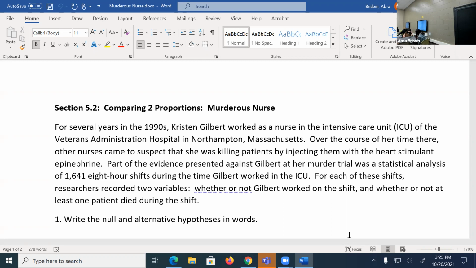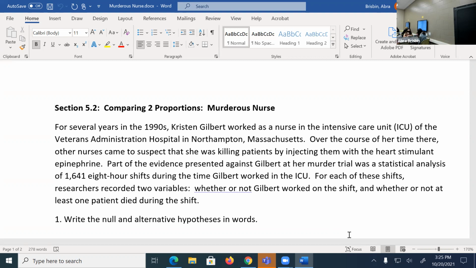So the null hypothesis in words is that there is no association between the nurse working her shift and deaths of patients during the shift.